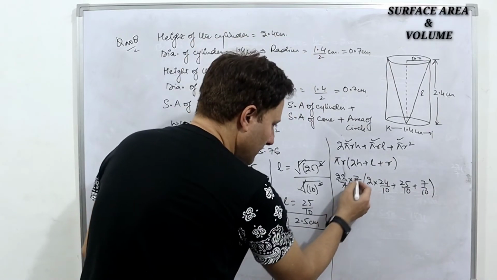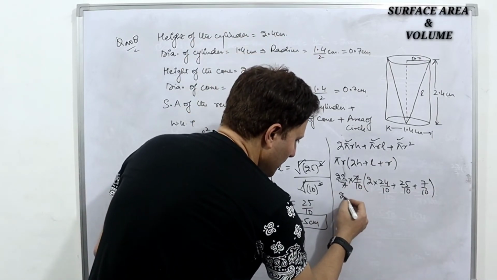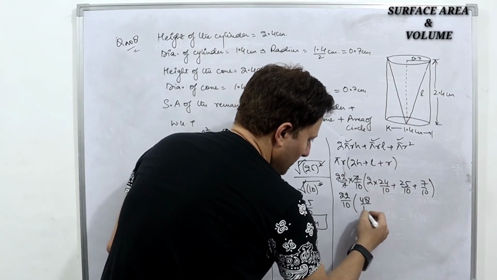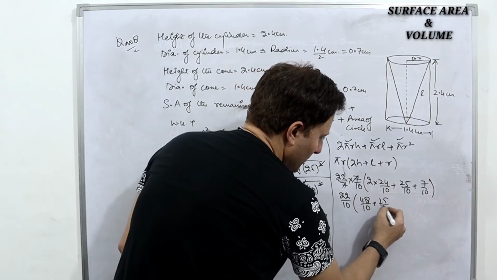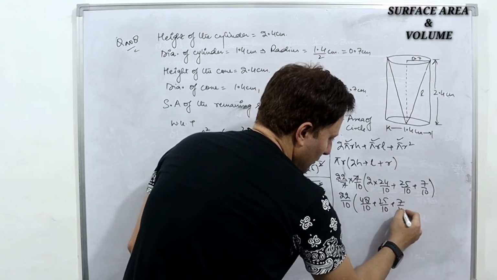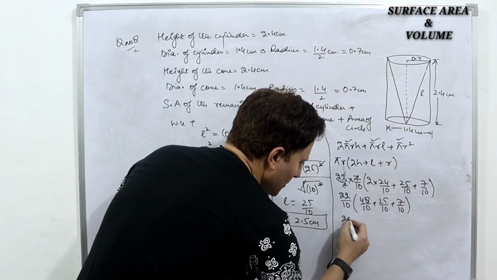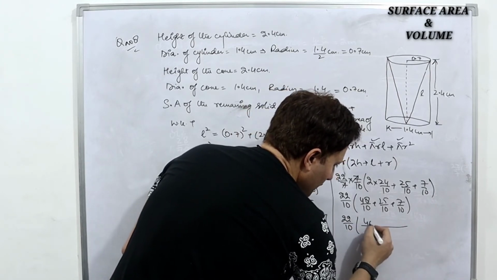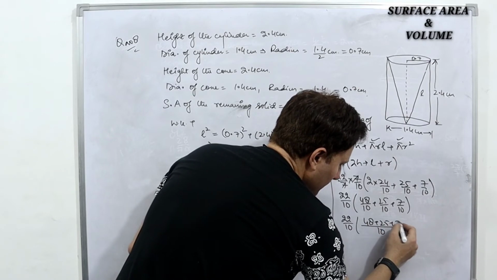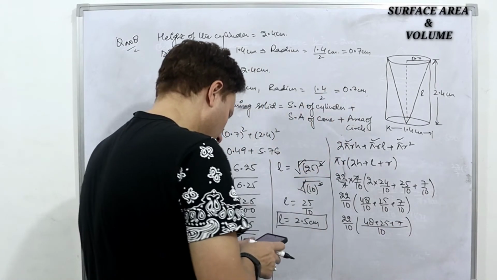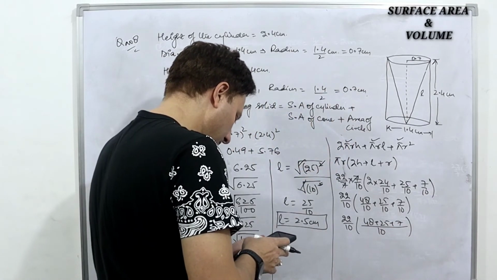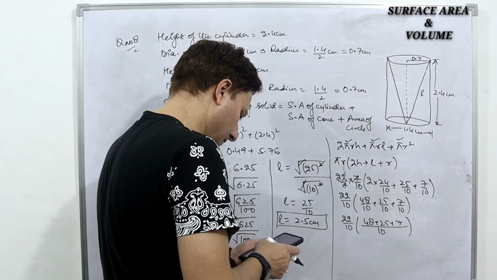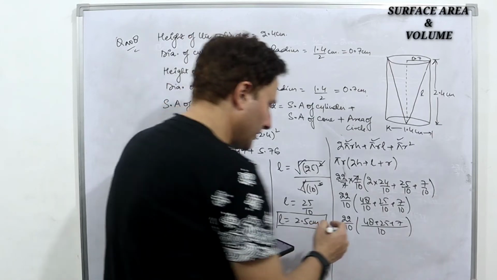Now, this 7 and 7 is gone, so we have 22 upon 10. This becomes 48 upon 10 plus 25 upon 10 plus 7 upon 10. Now 22 upon 10, this is the LCM 10 here, 48 plus 25 plus 7. So if we add 48, 25 and 7, we get 80.